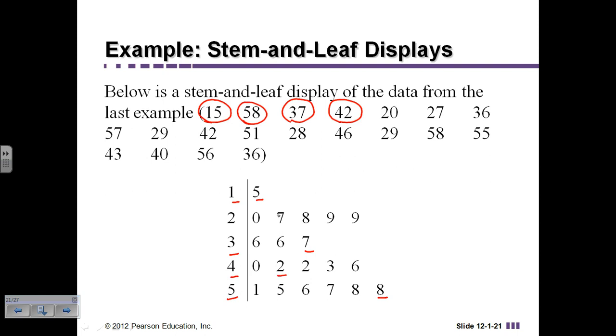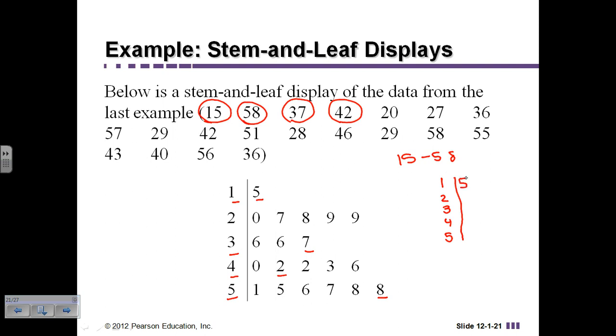So what you'll notice is what they did is they looked at the first digits of all the numbers, and they noticed that the range of the numbers was 15 to 58. So that means we needed the numbers 1, 2, 3, 4, and 5 for our stems. And then basically you take each of the numbers in the list and you break it up.